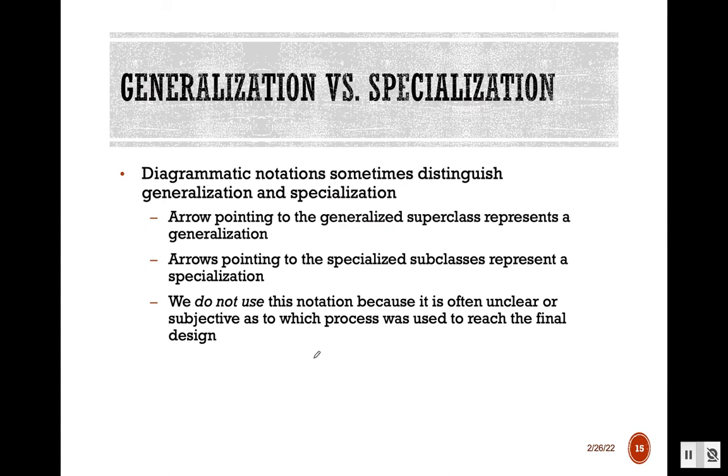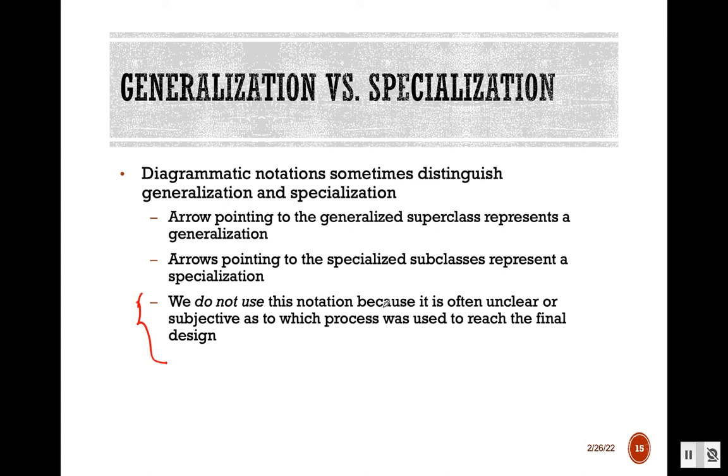So if I think about the difference between generalization and specialization, the diagrammatic notation sometimes can distinguish this process. But sometimes database designers do not use different notation because it is unclear or subjective.